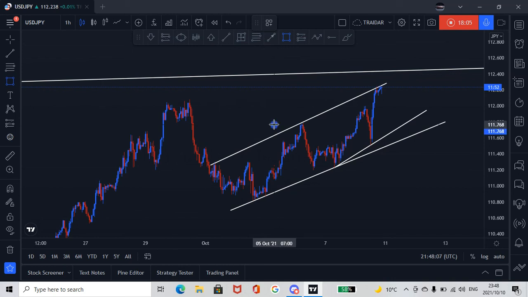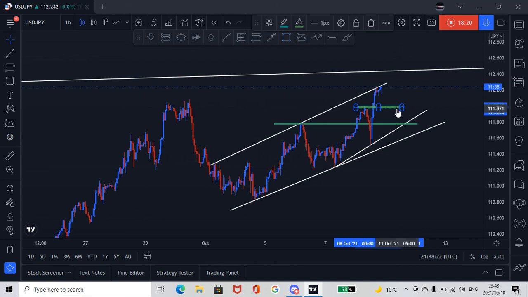Okay. Previous big higher low, higher high. And then there's this previous small higher high. The market is in the trend. It is at the resistance trend line of the channel.